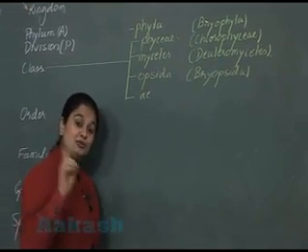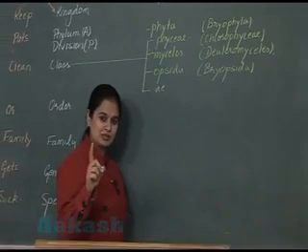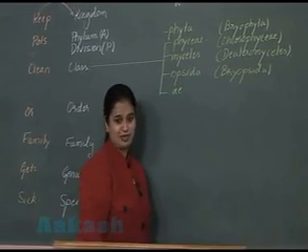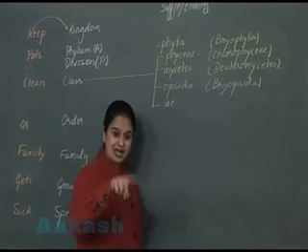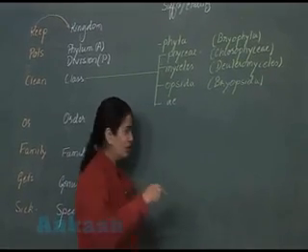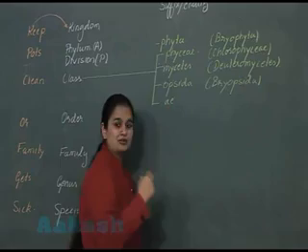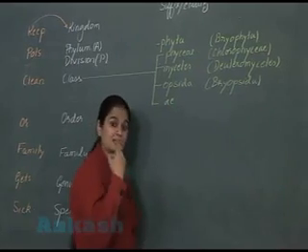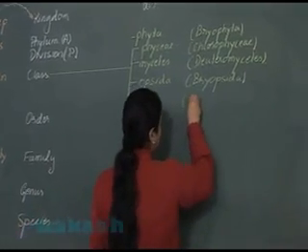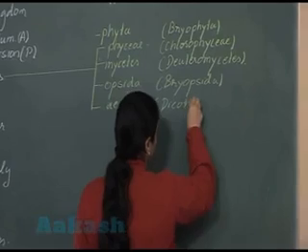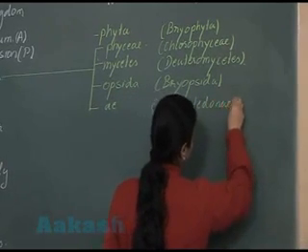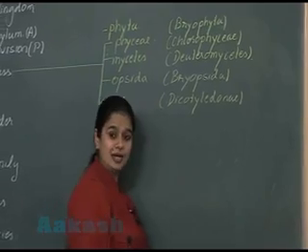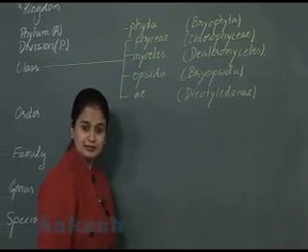Do you know that angiosperms, that is flowering plants, are divided into 2 categories, dicot and monocot. So AE is utilized for dicots and monocots. So you can write down here, one is Dicotyledonae and the other is Monocotyledonae.